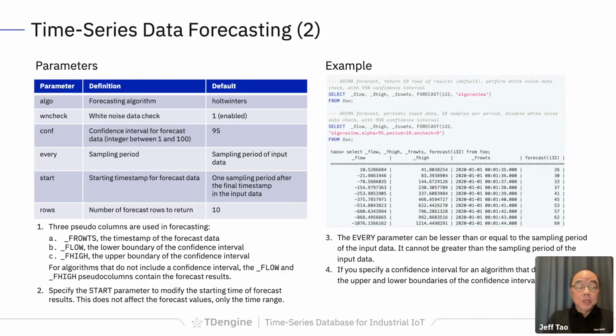How easy is time series data forecasting? Take a look. You just need to write this SQL: low, high, that's the confidence level, and also that's the timestamp. Then forecast, then specify the algorithm. In this example, we just use ARIMA, a very traditional one. Just run the SQL and you get the data right away.